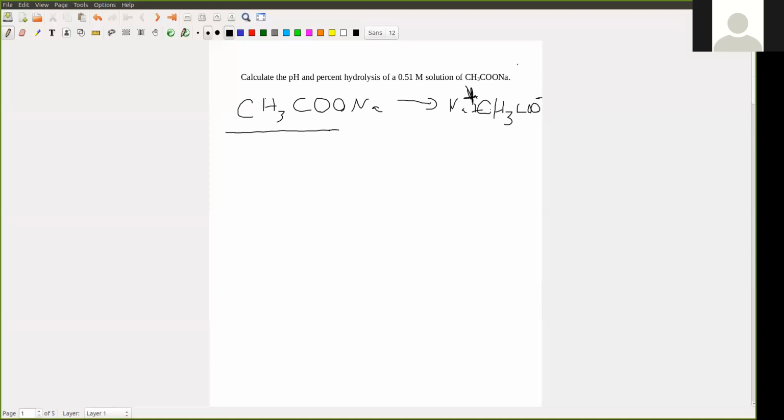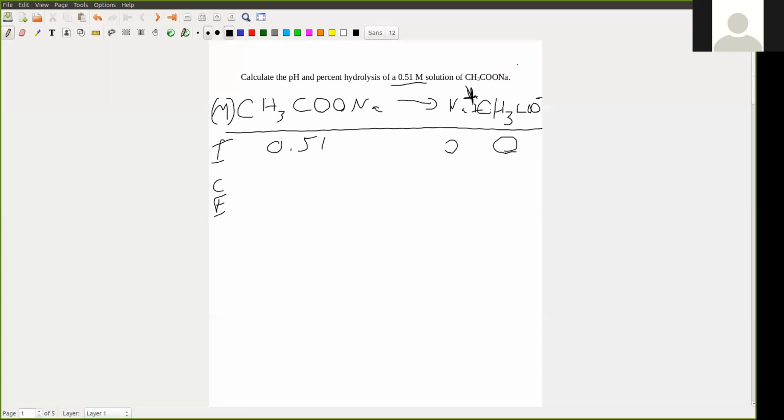Okay, and we're going to do our ICE table like we would normally do. And in it, we know that we start off with 0.51 molar. And we're going to just put molar up here so we know what unit we're working in. So 0.51 molar of sodium acetate. And at the outset, before we're dissolving anything, we're assuming there's no sodium ions and no acetate ions.